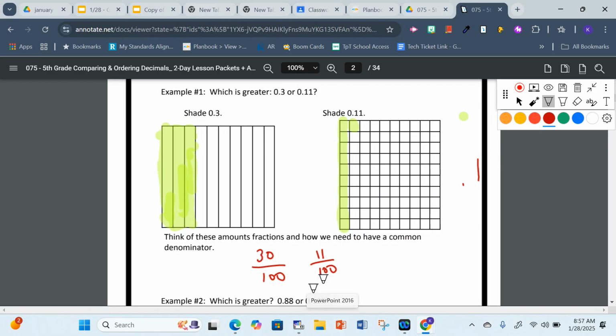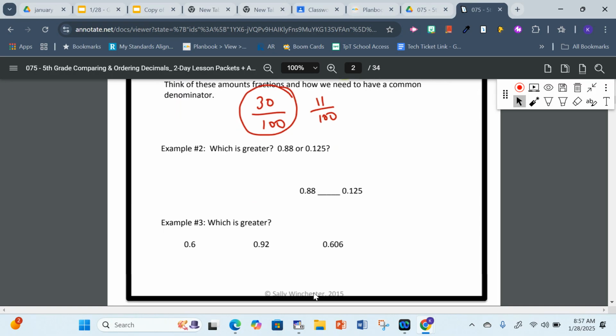Yes. Okay. 30/100ths, because if I cut these squares with this line, how many little squares would be in there? 30 hundredths. Okay. So which one is bigger? 30/100ths. So 30/100ths is larger than 11/100ths, or 3/10ths is larger than 11/100ths.